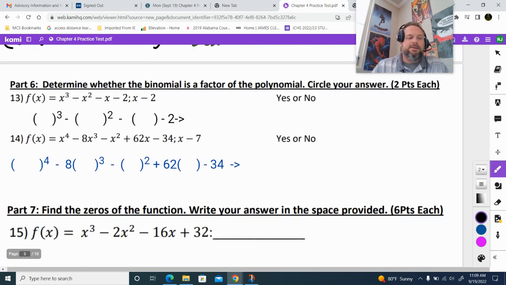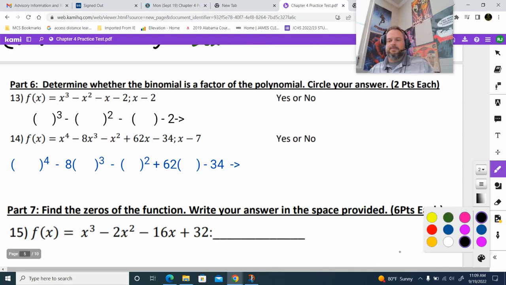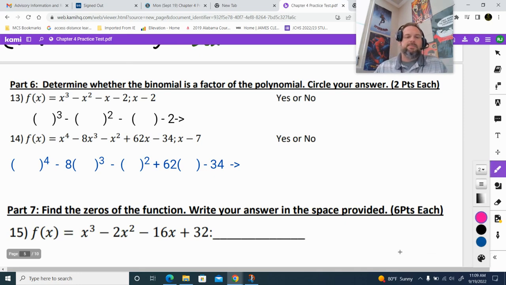Now, because my handwriting is atrocious, I actually did this a little bit ahead of time to make it a little bit cleaner. Okay. We're plugging in the opposite of -2, so we plug in 2 all the way here. Remember, if it's 0, it's a yes. If it's not 0, it's a no. And make sure you type it in correctly.